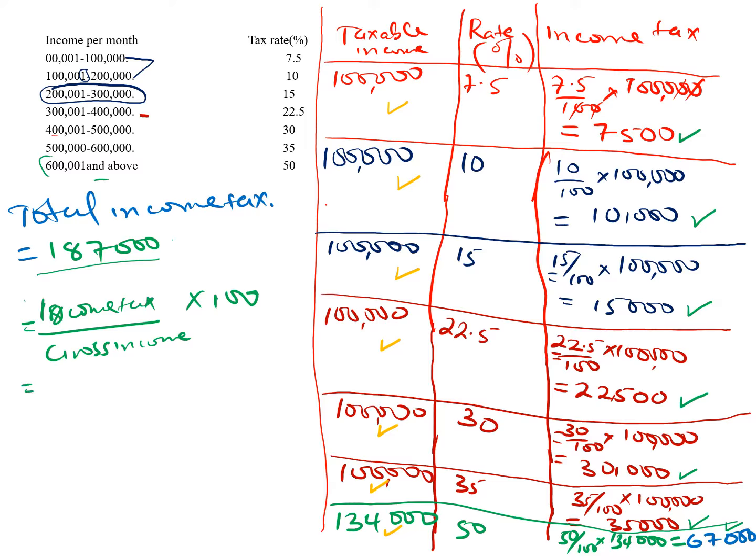And here we shall have 187,000 divided by 1,874,000, times 100. This is the gross income, and then this is the income tax, and then you'll get the answer.